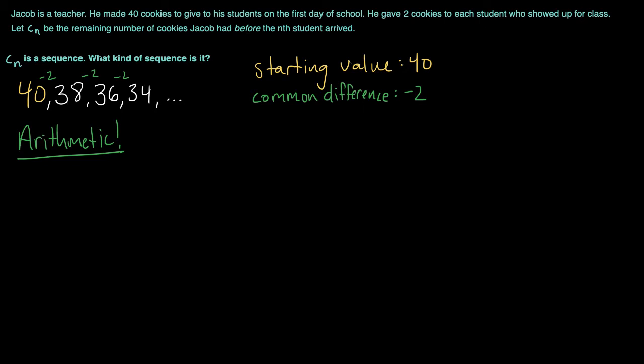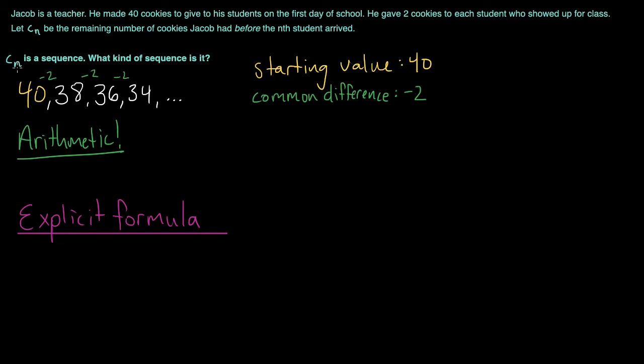Now we've answered the question that this asks, but let's actually write out the explicit and recursive forms for this situation. Let's start with the explicit form. I will write that out in purple. So here we're going to have our explicit formula. For our explicit formula, we take these 2 pieces of information and we assemble them into the formula that defines the sequence.